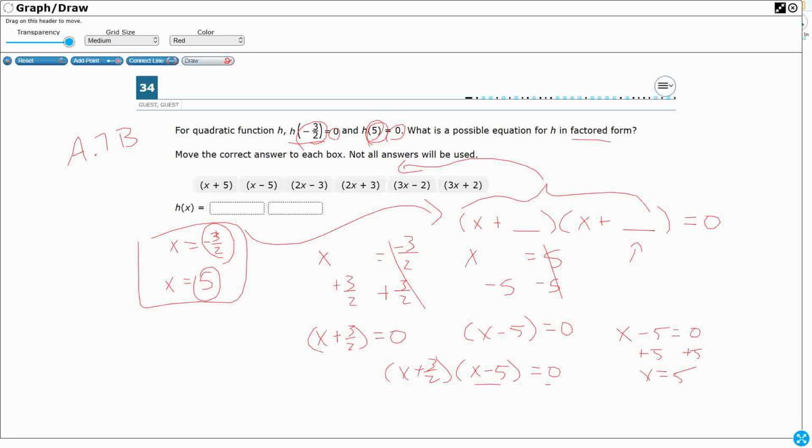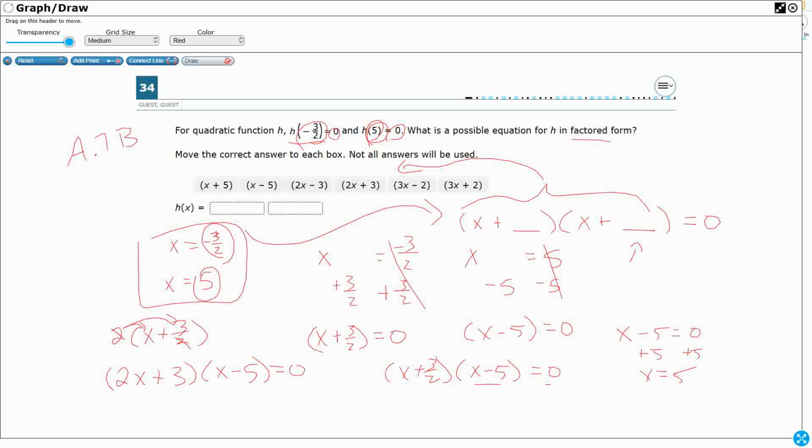Well, another choice for this one would be if I were to do x plus 3 halves. If I really don't want a denominator there, I could multiply the whole expression by 2 and then distribute this in. So this would end up being 2x plus, what's 3 halves times 2? The 2's would cancel each other out. 2x plus 3. So 2x plus 3, and then x minus 5, that's going to equal 0.